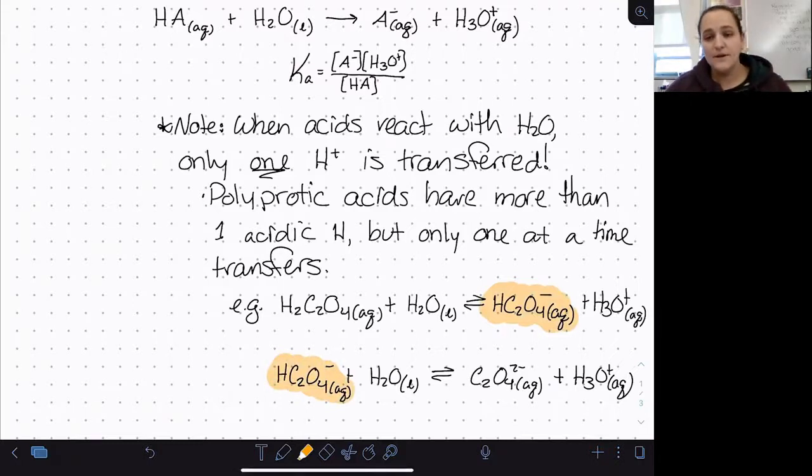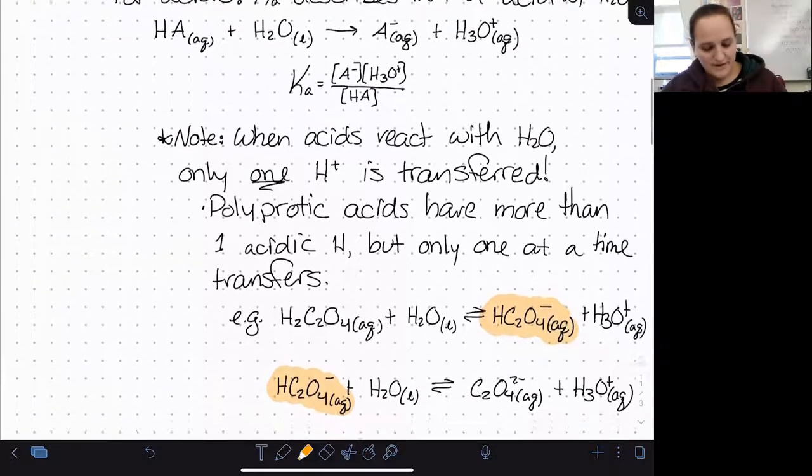Both of these are really happening, but we do want to think of them as separate reactions because they have separate equilibrium constants. So when we're reacting with water, and that's all, we want to think about losing the protons one step at a time. And this is different than when we wrote neutralization reactions where we just ripped them all off at once. In a neutralization reaction, you're reacting with a much stronger base than water. So even if you're reacting with a weak base, it's still much more basic than water by itself. So for this type of situation where we're just putting an acid in water, always just lose one proton at a time.